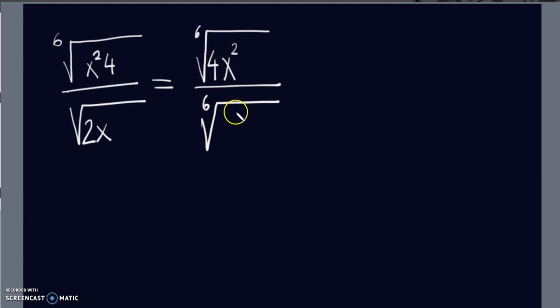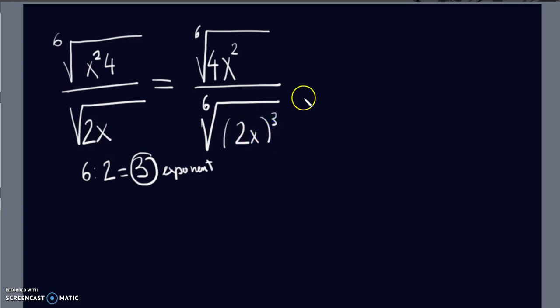It's more usual to write the number in front of the letter. Well, here is different, so it's 6 divided by 2. Remember the operation, 6 divided by 2 is 3. So this is going to be the exponent of the radicand, the factors inside. Okay, so 2x, I put everything in brackets to the power of 3.